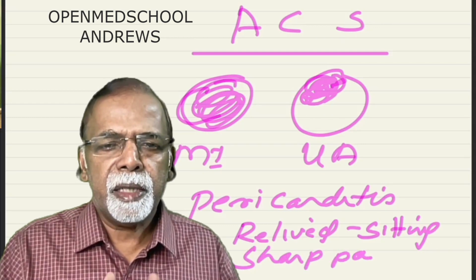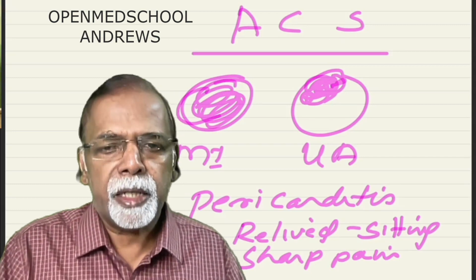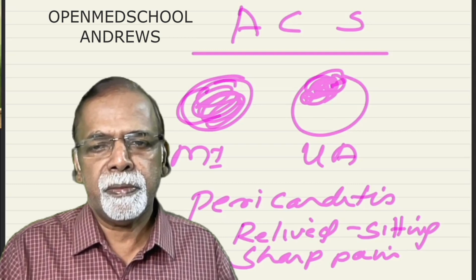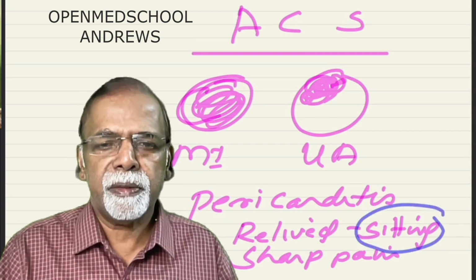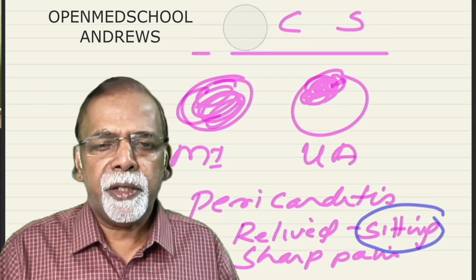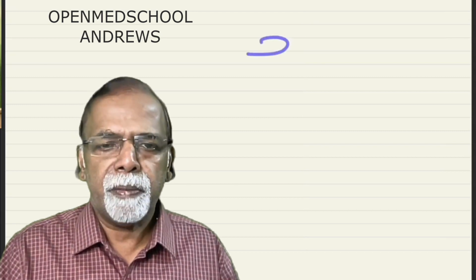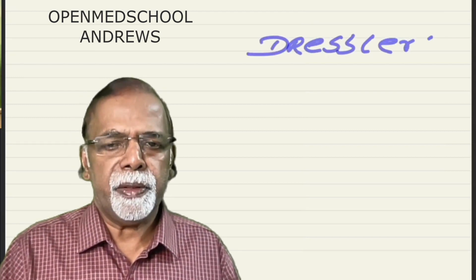The pain is typically relieved by sitting, leaning forwards, and can be aggravated in the lying down position. The most common causes of pericarditis are viral infection, connective tissue disease like SLE, post-myocardial infarction, that is called the post-myocardial infarction syndrome, Dressler syndrome, after surgery, catheter ablation, or radiotherapy.